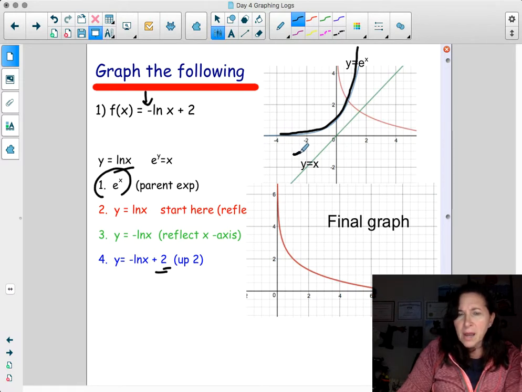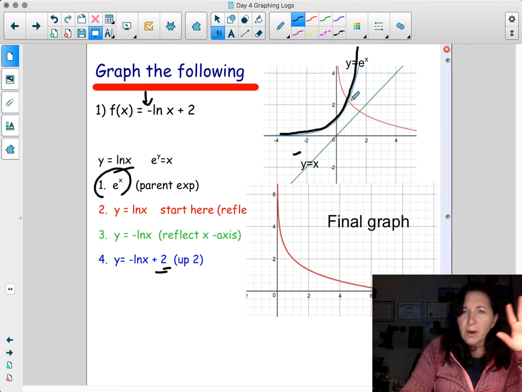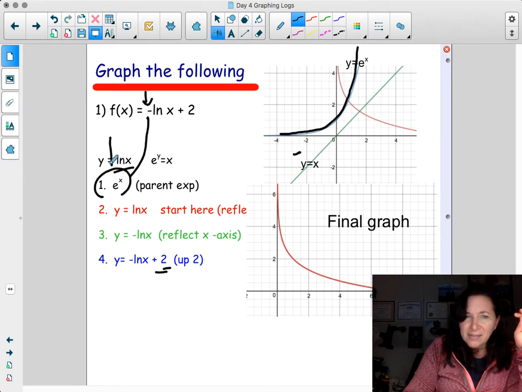Then you would graph it and reflect across the y-axis. But then you would move it up 2. But keep in mind, this is a reflection itself. That's a reflection across y equals x, which is this right here.